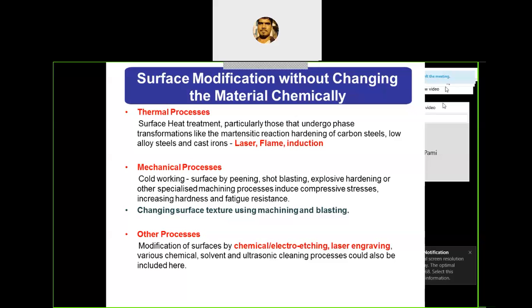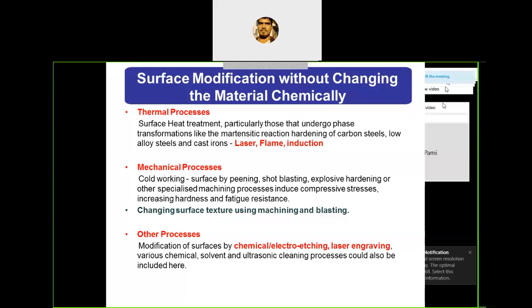Next process, the mechanical process: cold working, surface peening, or shot blasting. I think you have already studied these things. Shot blasting, and explosive. On the surface we are going to explode. By exploding or shot blasting, it will change the temperature.